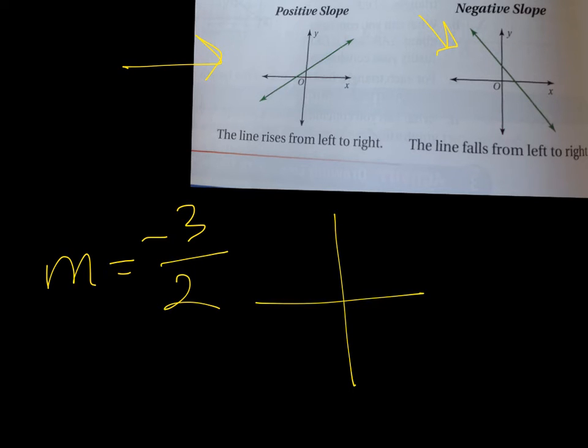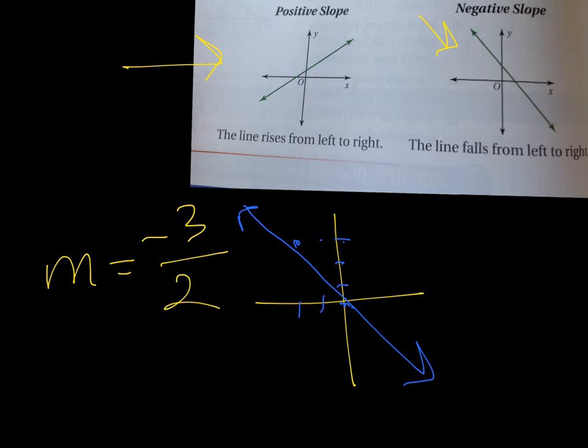you have a line. You can go up 3, so if this is 1, 2, 3, we'll go 1, 2, 3. But then that was a positive 3, so we would have to go -2, so 1, 2. So this is (0, 0). So our line would look something like this.